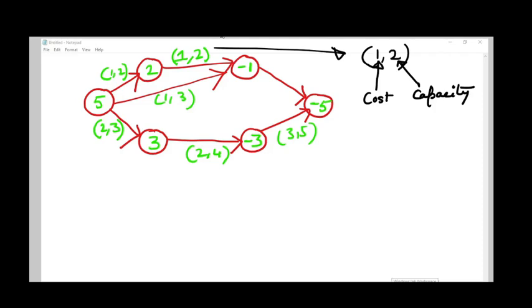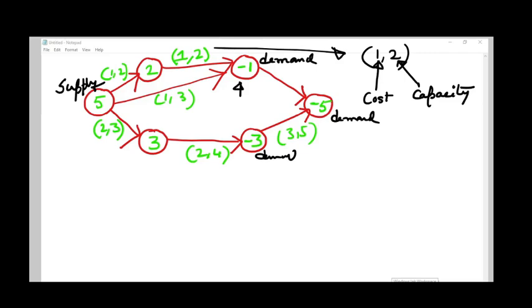Note that the nodes with negative input are demand nodes, and all the remaining are supply nodes. Supply nodes, okay?